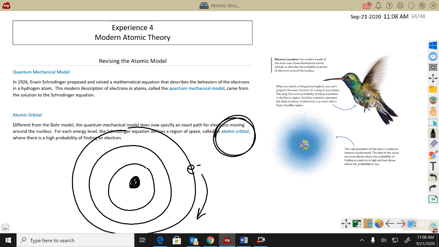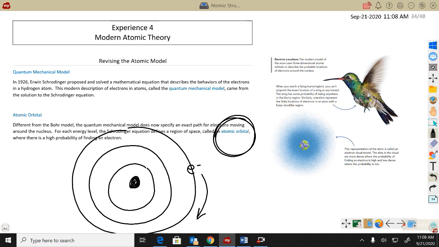It's a 3-dimensional space around the nucleus where we have a high probability of finding an electron. But within this space, the electron is somewhat free to move on its own, and we may never know the exact location of the electron, but we have a high probability of finding it in this location, at this distance from the nucleus.